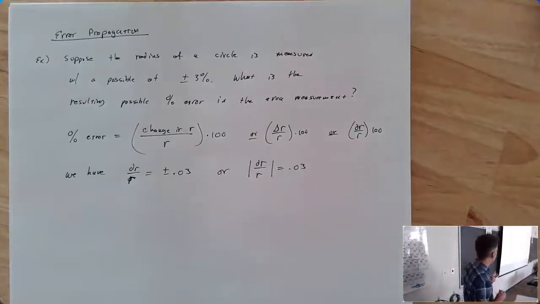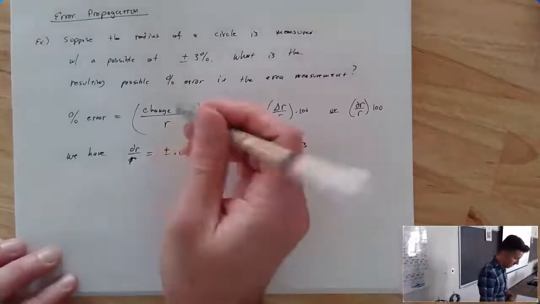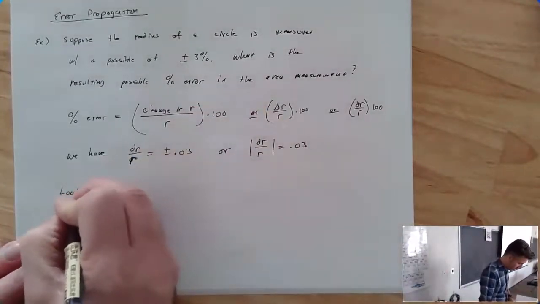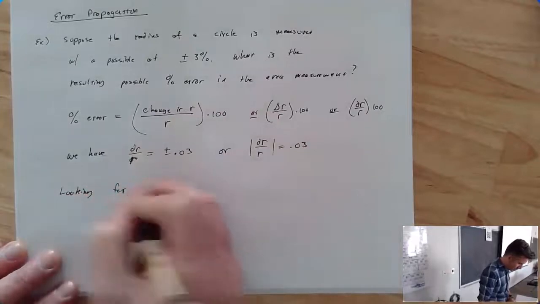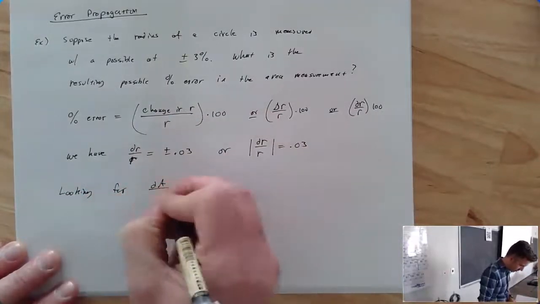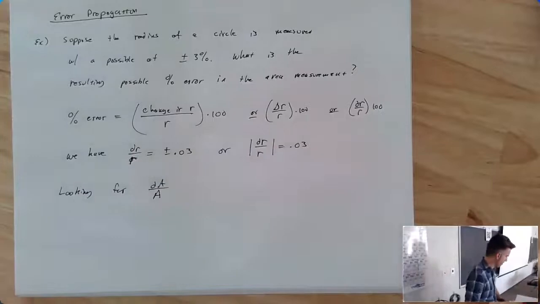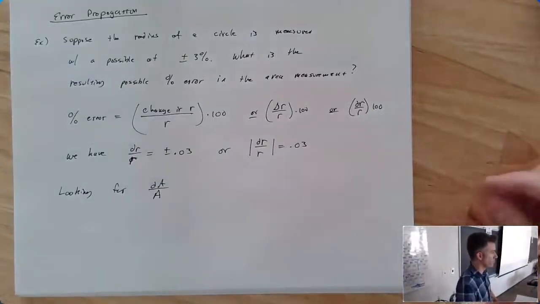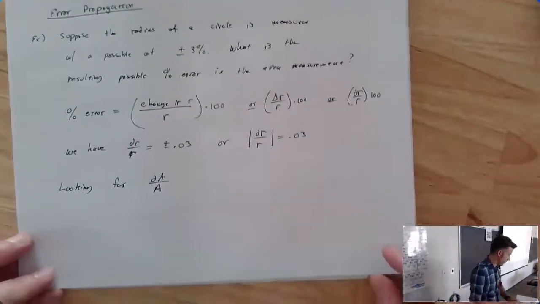So we're trying to find the percent change in area, or sorry, the percent error in area. So we're looking for dA over A. That's what we're trying to find. So we're going to start with our differential.